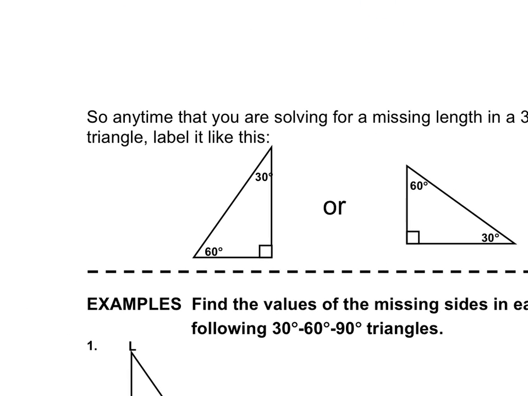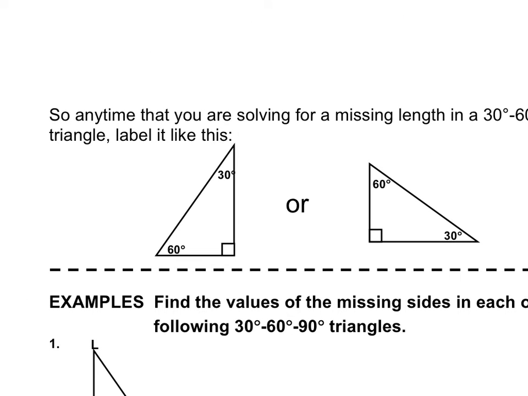So down here, we're going to label them. Now, we can turn this and make it look different, so we always have to remember this. Across from the 90-degree angle is our hypotenuse. That's always 2x. Same thing on the other one. Across from the 90 is our hypotenuse. Then the short side, the side across from 30, is always going to be our x side. So the side across from 30 is going to be x.